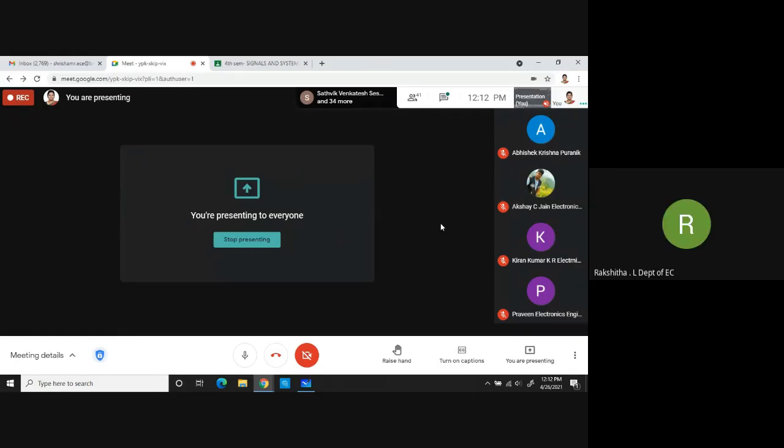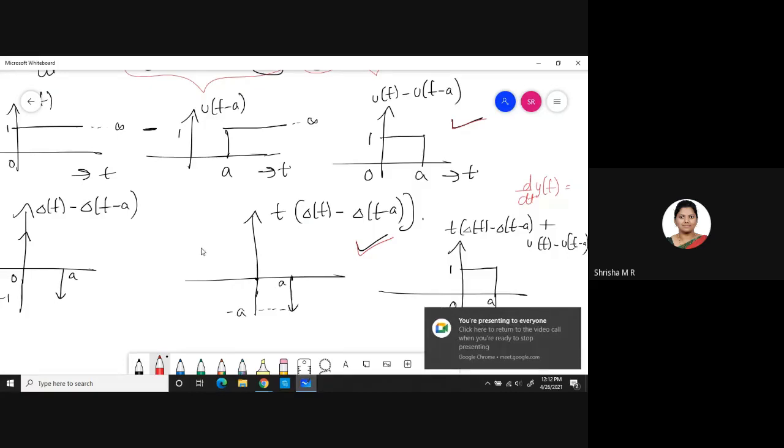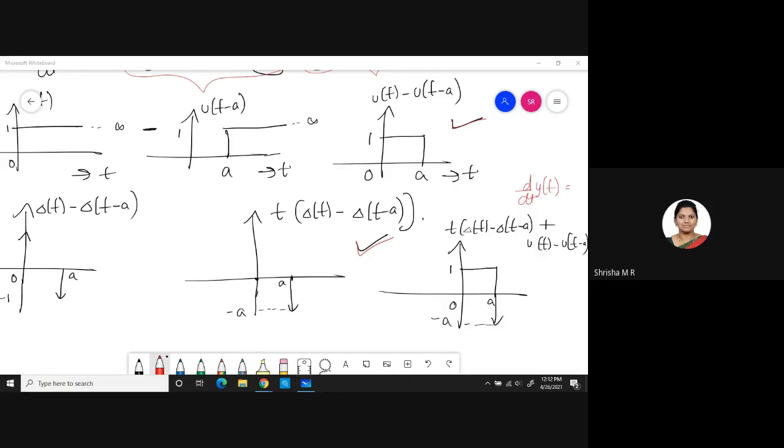Ma'am, can you show the screen once more? Yeah. This is u of t minus a. This is u of t minus u of t minus a. And this is delta t minus a. If I multiply that with t, at t is equal to 0, 0 into amplitude 1 would be 0 only.